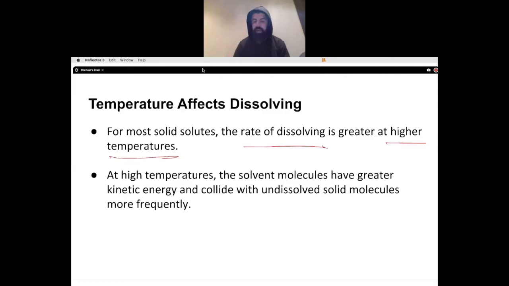They will collide with the particles of sugar more frequently, because the warmer something is, the more kinetic energy it has, and the vibrations of the particles increase as the temperature increases.